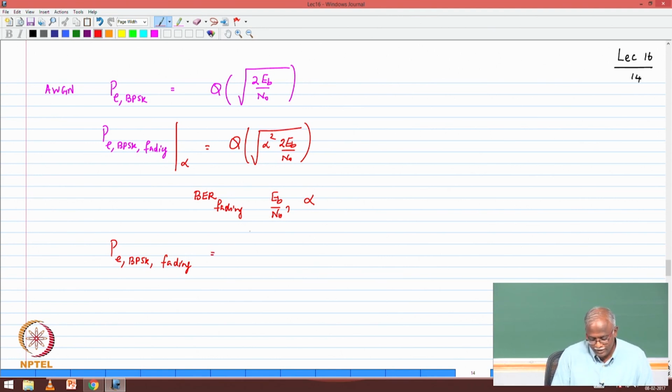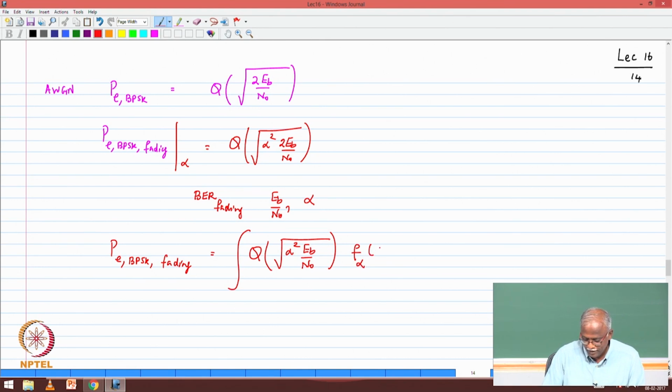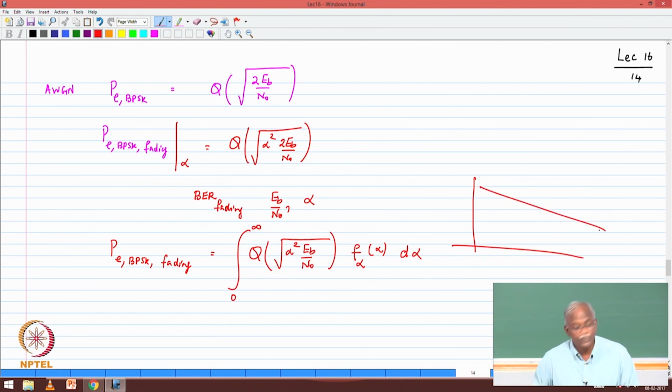You would have to take the integral of Q of square root of alpha squared Eb by N naught times the probability distribution of alpha, d alpha, and alpha will go from 0 to infinity. This would be your fading environment, and this is the graph that we showed was really bad.